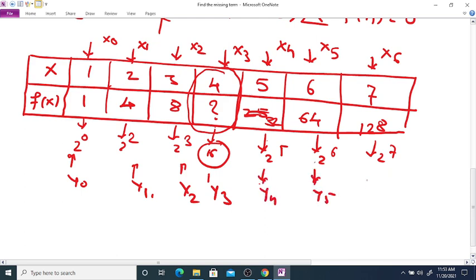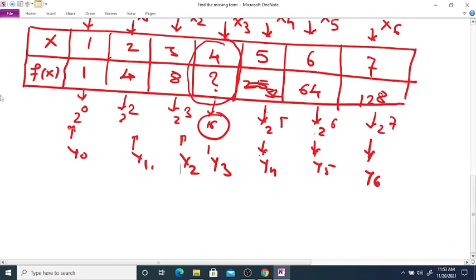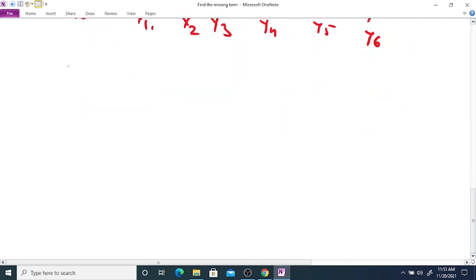So now how many values are given here? The values for x equal to 1, 2, 3, 5, 6, and 7. We know 6 values of x are given.